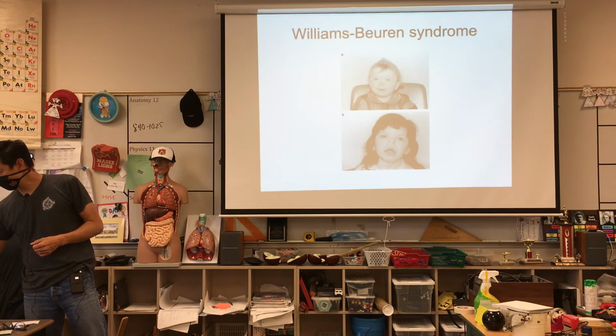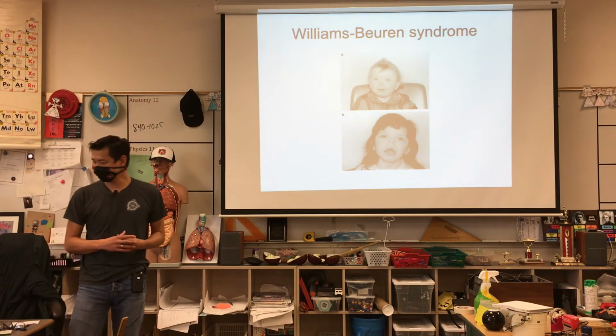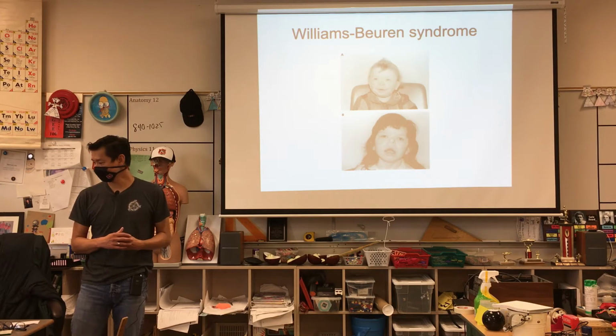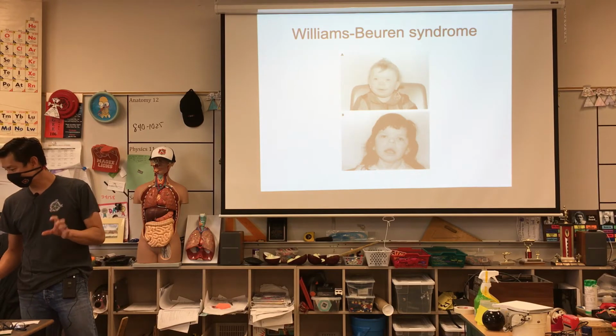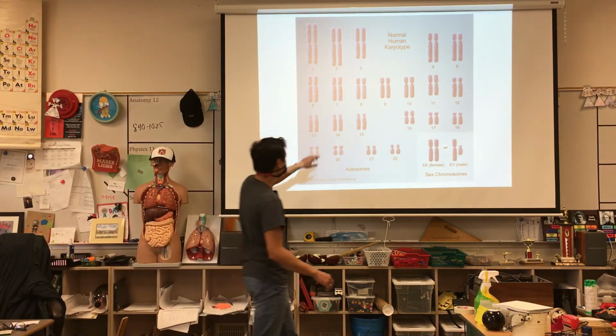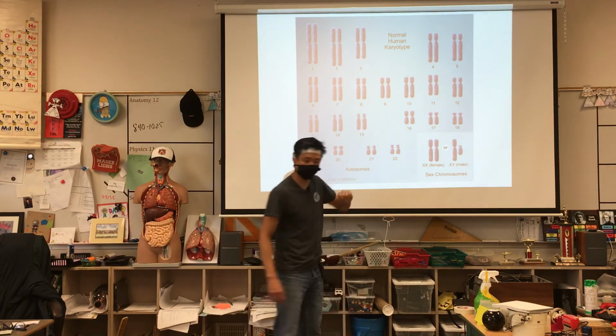Williams syndrome, a little bit similar to the last one that we saw, appears in 1 in 7,500 to 1 in 20,000 births. And this is a deletion of 26 genes in the long arm of chromosome number 7. So this is chromosome number 7, so there's a deletion of a bunch of material there.